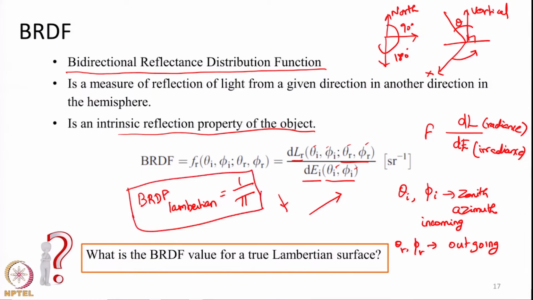Because for a Lambertian surface we know E is equal to L pi, and BRDF is defined as L by E. So, if we take this L by E as BRDF, then BRDF will become 1 by pi. This is only for purely Lambertian surfaces.